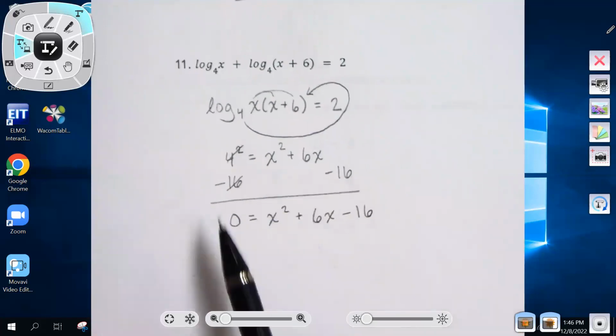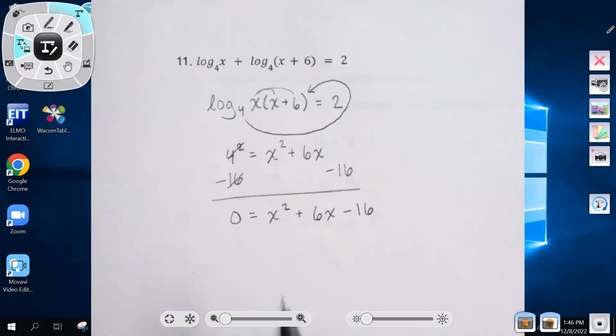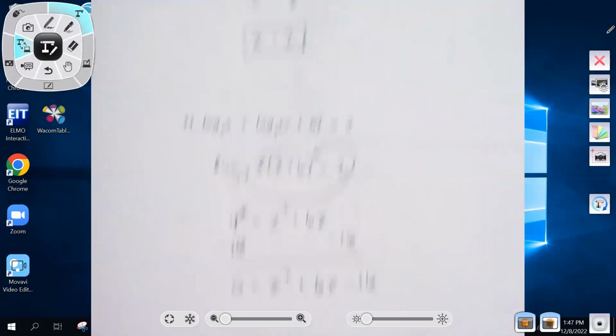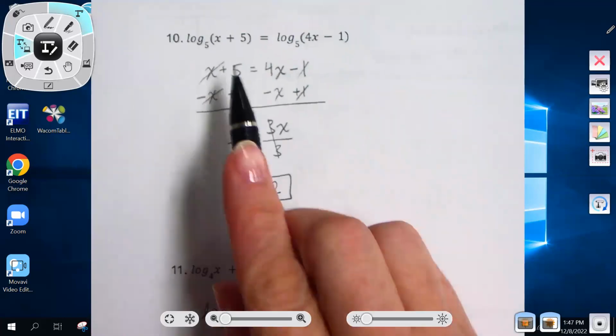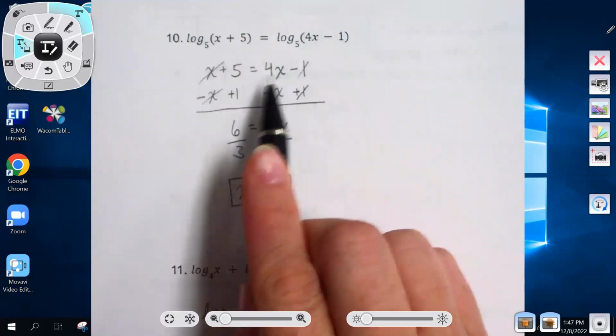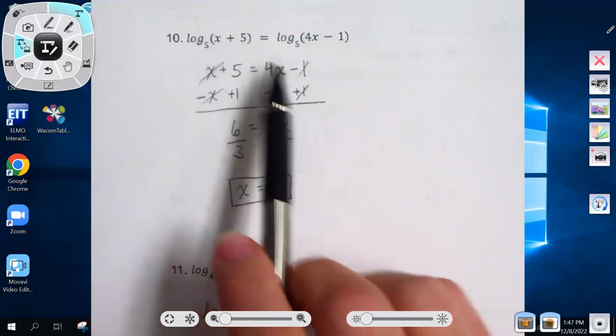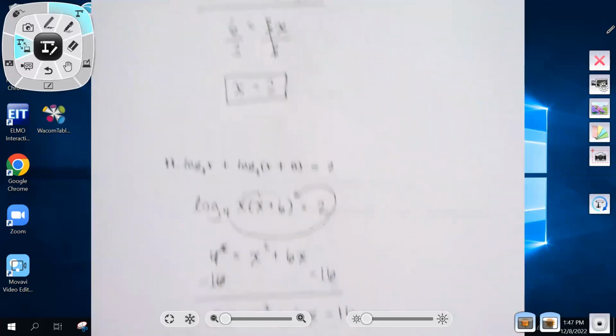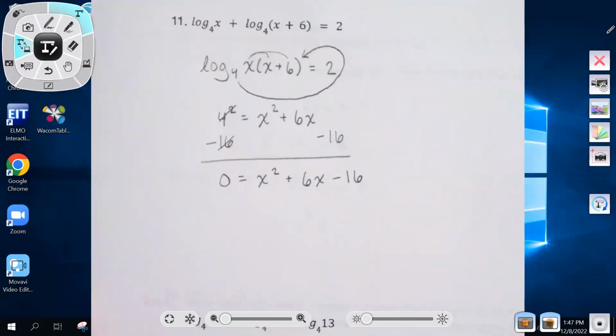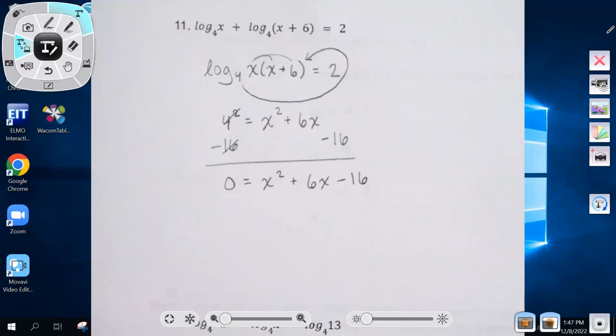So the numbers within the problem might be different, but the method that you use to solve number 11, you're going to use that same exact method to solve number 11 on the test. So like on number 10 on the test, you're going to have 2 logarithms equal to each other, and you're going to use that same method to solve, even if the numbers are a little bit different. Okay, so number 11 on the test will be the one you have to factor on.